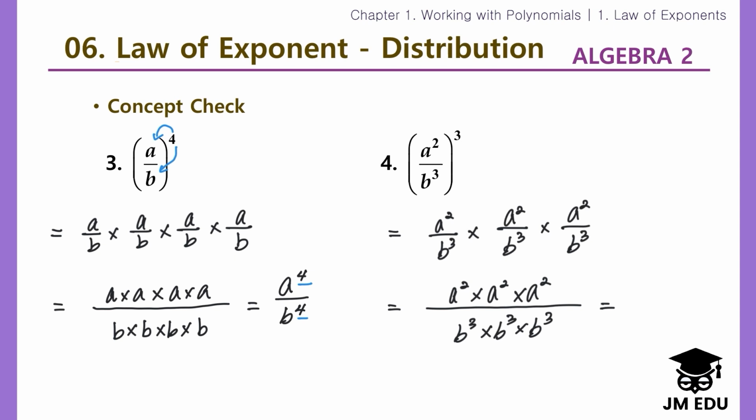So that's going to be A to the 2 plus 2 plus 2, that's a 6, right? So A to the 6, B to the 3 plus 3 plus 3, that's 9. And 6 and 9 come from 3 times 2, 6, and 3 times 3, 9, right?